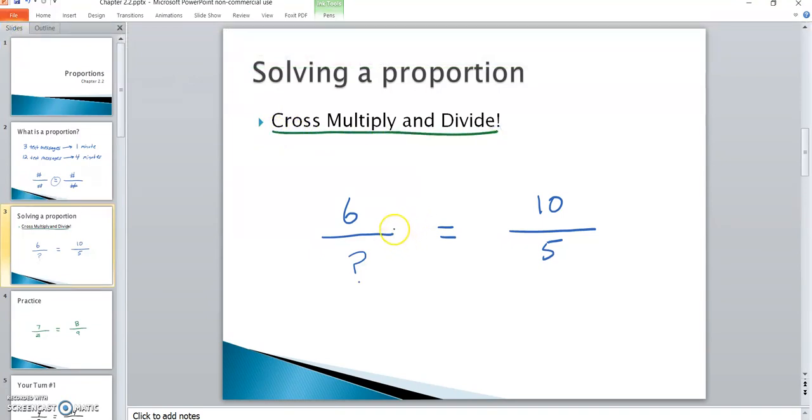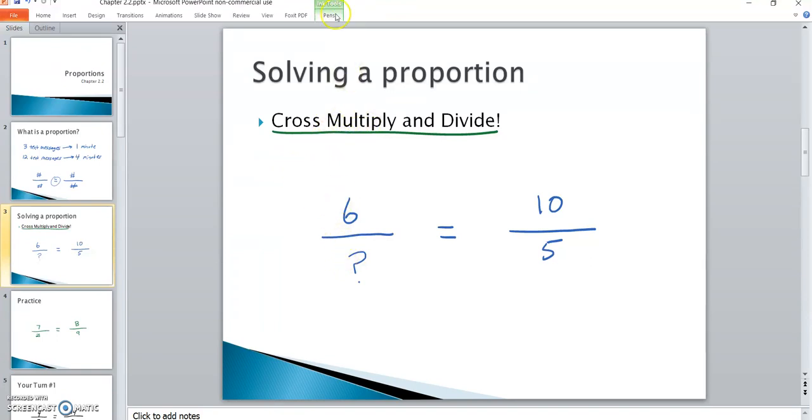So the very first thing that I want you to realize is that I have 2 fractions here with an equal sign in the middle, but I don't have 4 numbers. I actually have a question mark, because this is what we're going to need to find to solve a proportion. So we are going to have to figure out what number goes here. So what we do first is we are going to cross multiply.